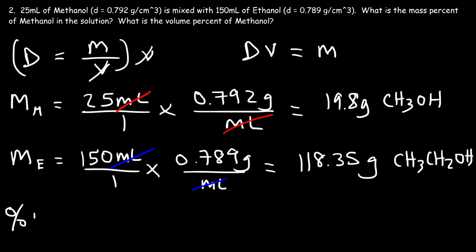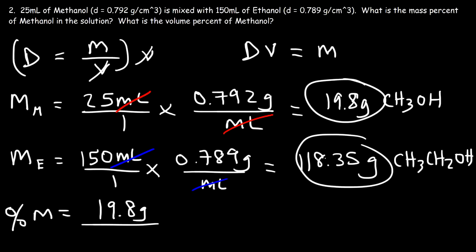So now we can calculate the mass percent. So the mass percent is going to be the mass of the solute, which is methanol in this example, 19.8, divided by the mass of the solution, which is the sum of these two numbers. So 118.35 plus 19.8. So we have 138.15 grams of solution.